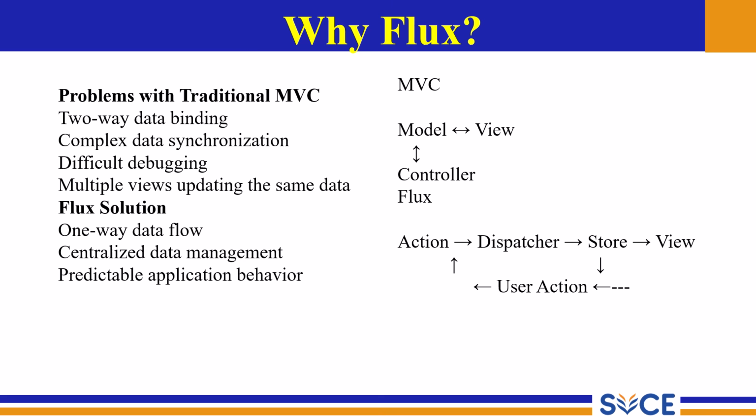When applications become large, developers spend more time tracking bugs than building features. Facebook faced exactly this issue while developing Facebook Chat and Newsfeed. Therefore, they designed a new architecture called Flux.